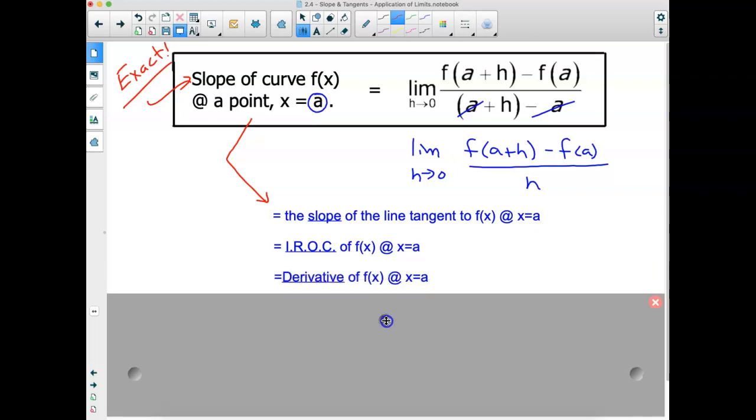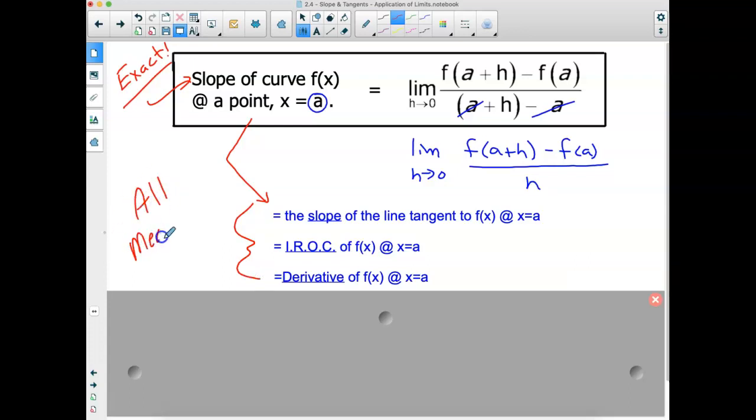They might even say, more often than not, what is the derivative of f of x at x equals a? Okay, all three of these mean the same thing. They are all asking you to do the exact same thing.